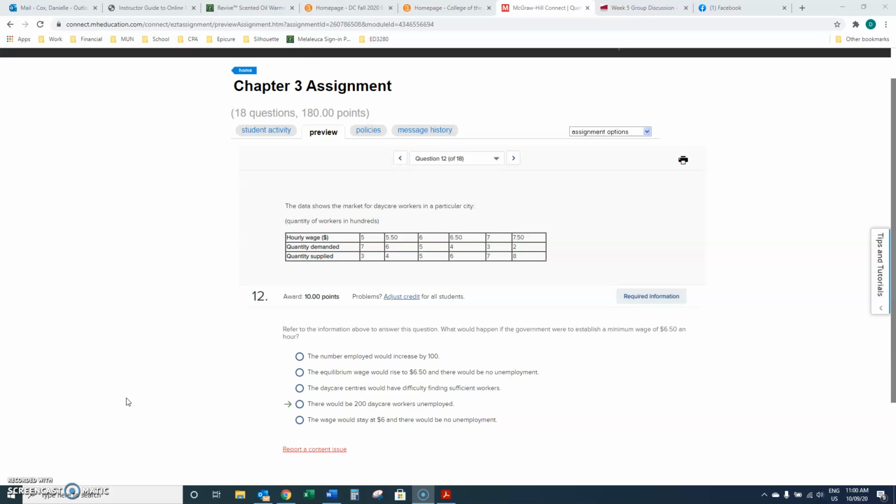Your first place is to post on the discussion boards. I'm on there every day, but I might not be on continuously all day long, so someone else might be able to answer your question. I'll point you in the right direction if it's before the assignment. If it's after the assignment, I'll either answer the question on the discussion board or do a video like I'm doing now, but I won't be able to do videos until after the assignment is due. Obviously, I can't give you the solution.